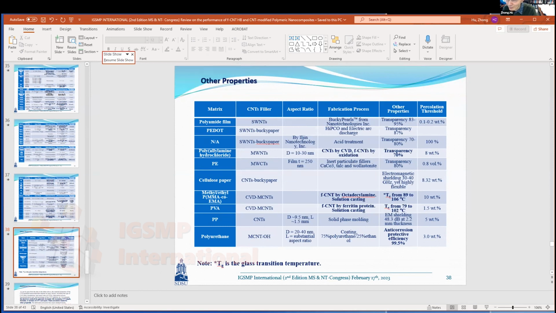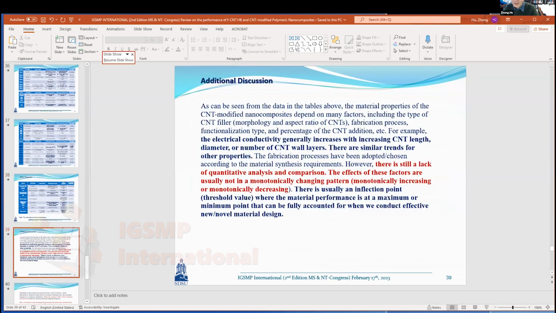I'm just going quickly, and an additional discussion: all the results we saw are about experiments, and if you carefully read the results, so many parameters or factors influence the performance that it's hard to compare in the graph. The reason is, for example, the fabrication process is under different conditions.